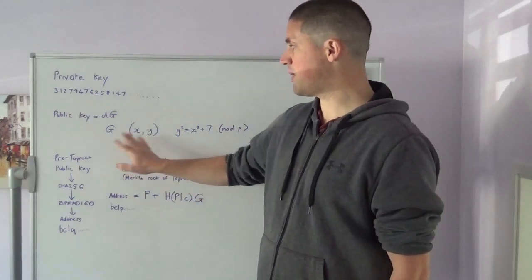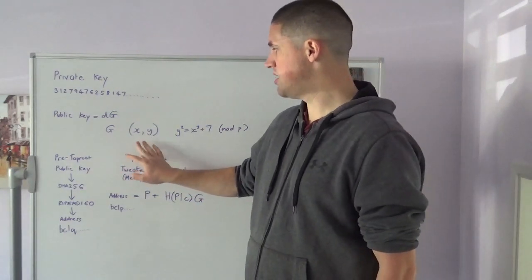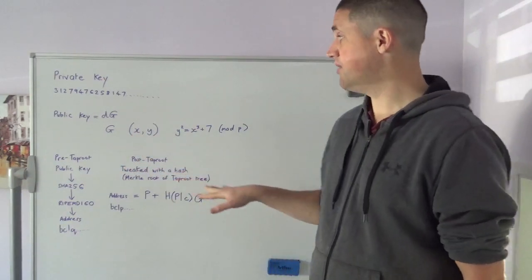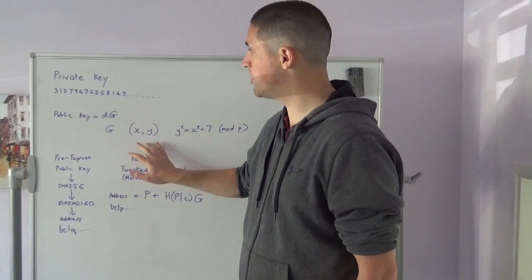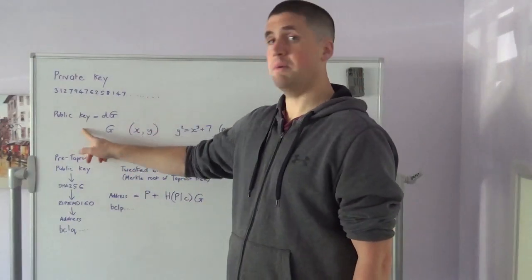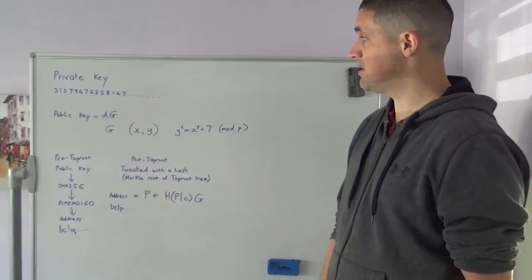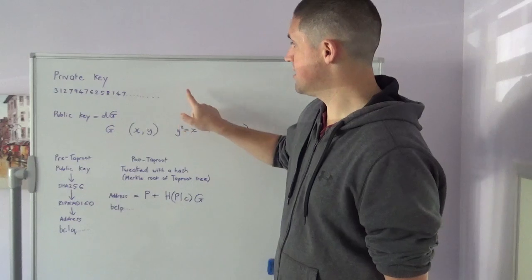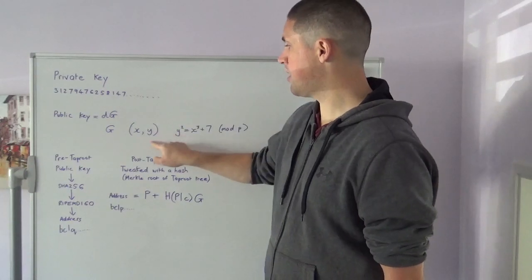So all you need to know about the generator point is that it's a coordinate, an x, y, where x and y are very large and fixed. So you multiply that generator point by the private key, the very long random number, and that's how you get your public key. So your public key is a coordinate: a very large random number multiplied by this fixed coordinate.